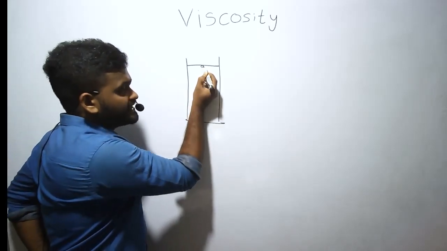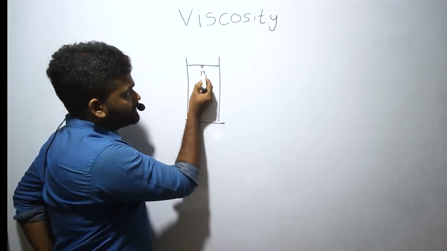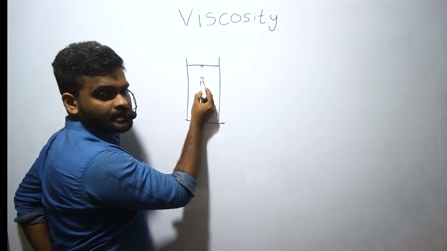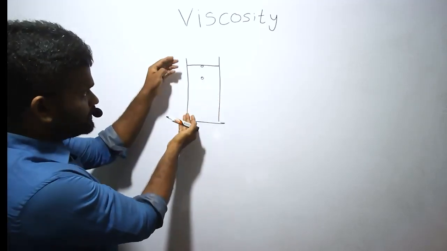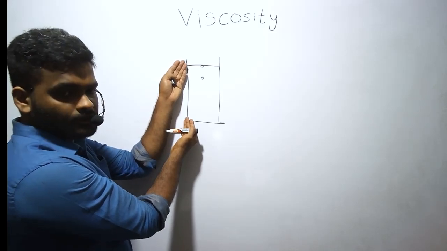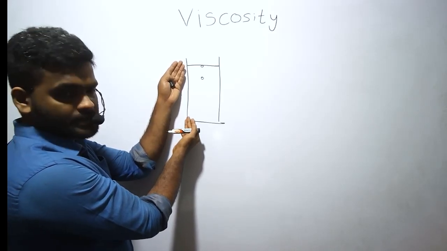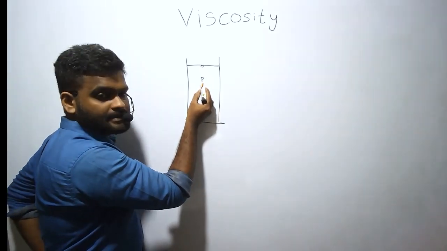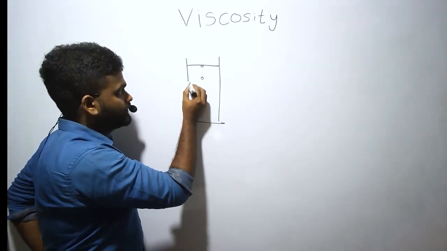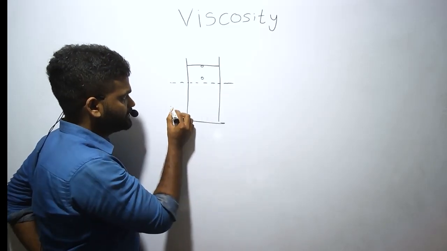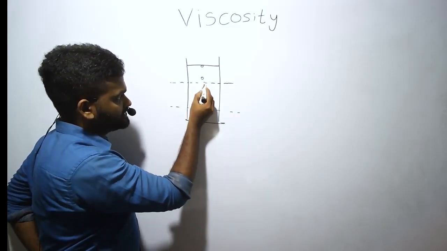You release it here. After it falls through the liquid, let's say somewhere here, that's why you need a sufficient height of the beaker. After a while it gains its terminal velocity. Let's say it gains its terminal velocity once it reaches here.